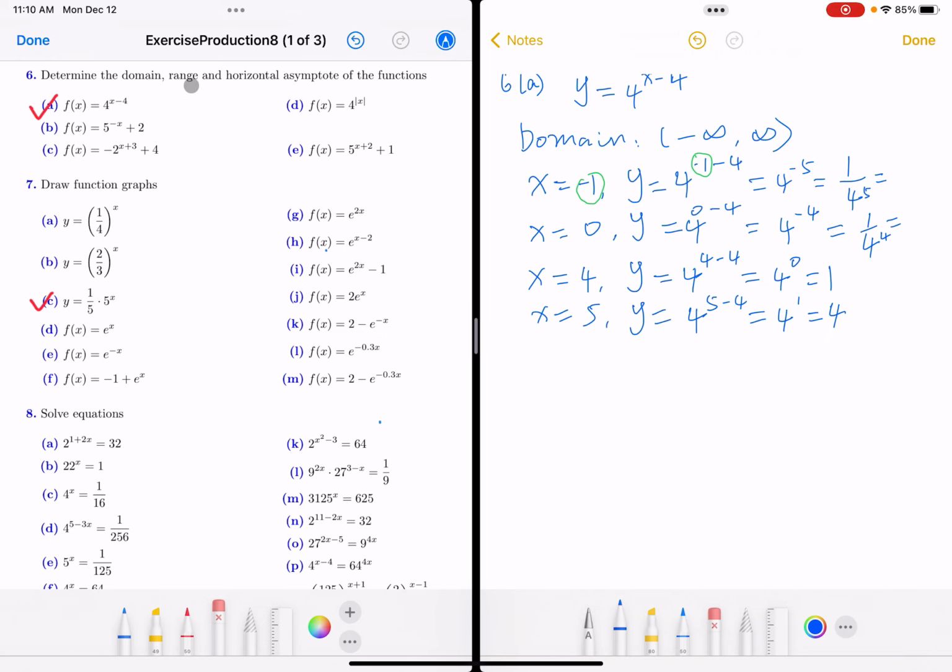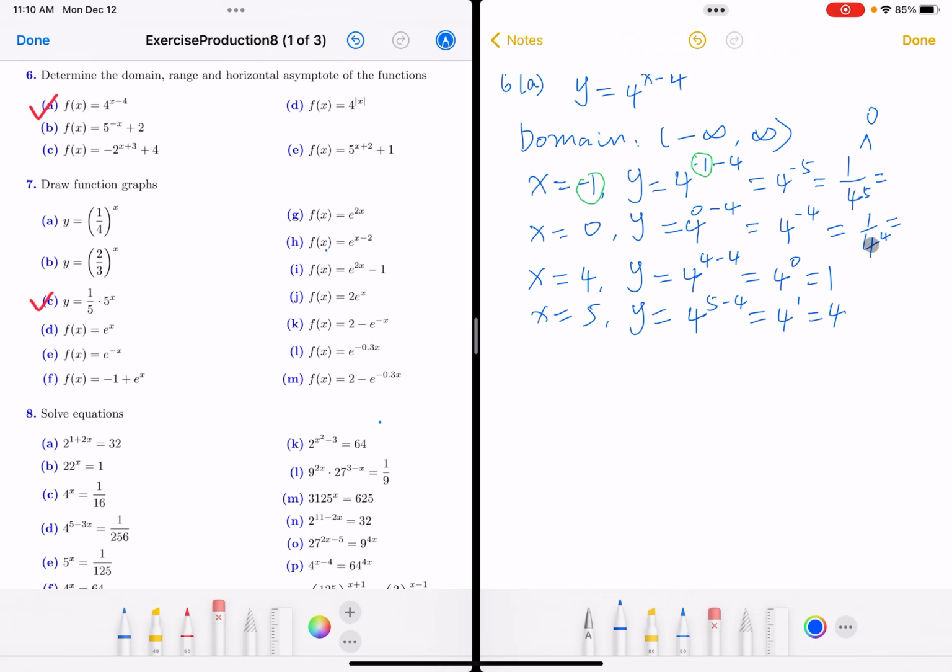How about range? Range is all the possible values for y. You may see when you put negative there, you get this number, which is positive. This number is greater than 0. When you put 0 here, you still get what?